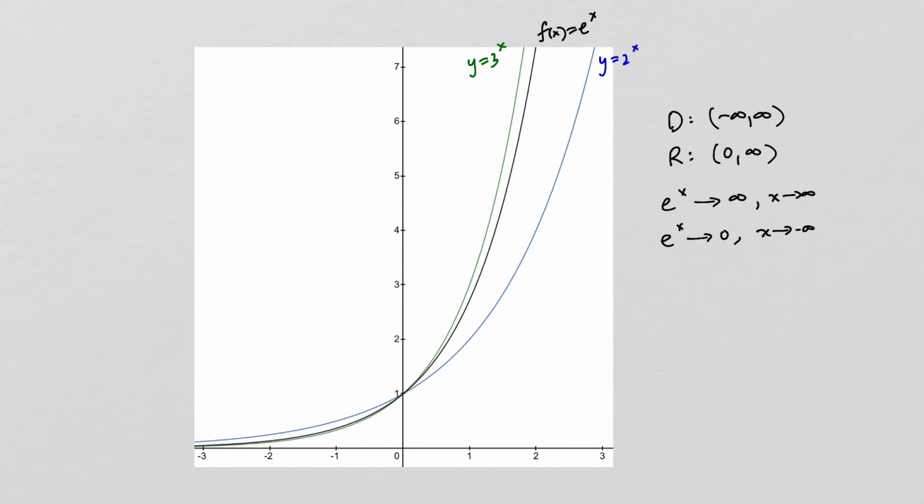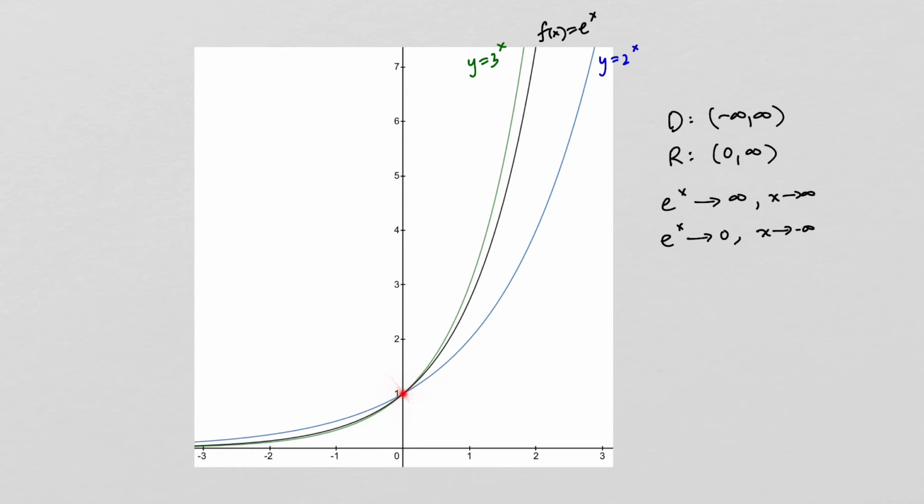So before we move on with the exponential function f of x equals e to the x, I just wanted to show you the graph of that function when compared to y equals 2 to the x and also y equals 3 to the x. So all 3 of these functions are graphed here, and what you should notice is that they all behave very much in the same way. So the function y equals 2 to the x is this graph here, and you'll see that it is increasing.